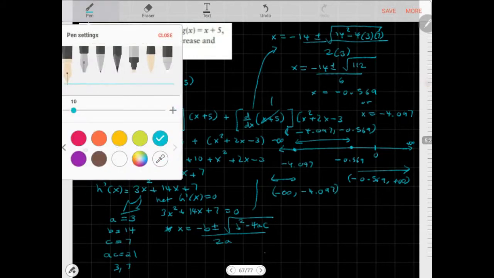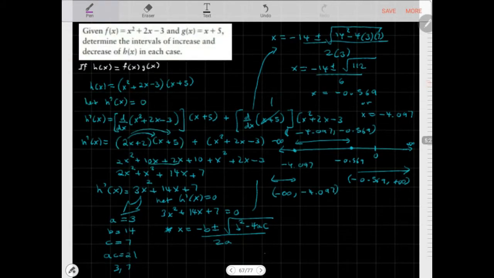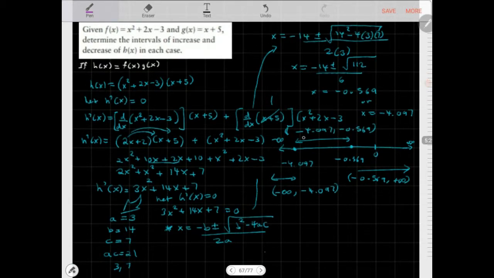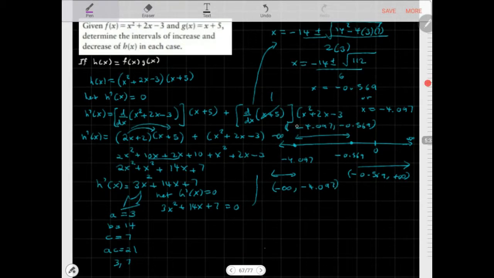We want to test these intervals. I'm going to use a different color just to highlight this a bit better. I know it's a little messy. Okay, so let's test each interval. Let's take a look at the interval between negative infinity and negative 4.097. I'm just going to test a value.